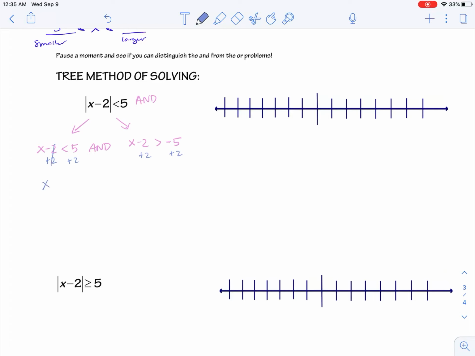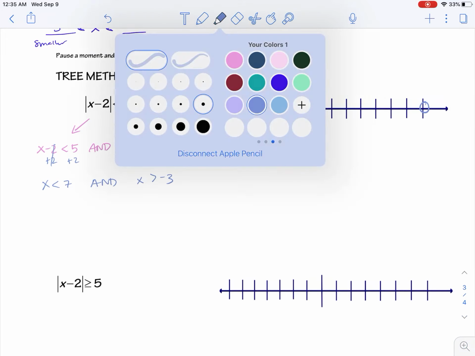I'm just going to do it all at once. X is less than 7, and x is greater than negative 3. Well, if we go to here, we have our 0, 1, 2. Here's negative 3, and it's an open circle. And we're going to also go to 7, also open circle. And we're just going to color everything in between. That's what it means to be and.